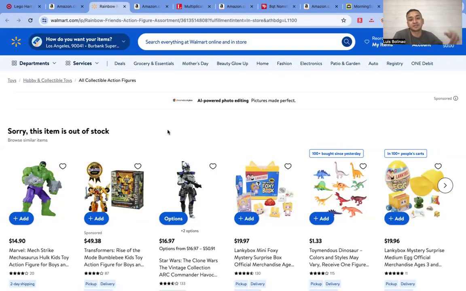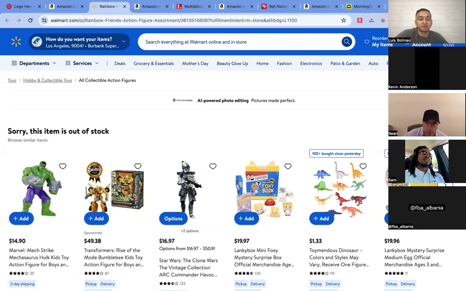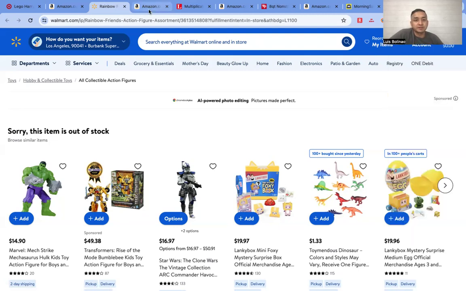So I usually make a list of all my out of stock products and then I check them every few days, because once they go back in stock, it might be a hot seller. So it takes some work to do that, to go through different products every few days. But once you find those good products, you can make money from them for a long time. So yeah, for this one, it's out of stock.